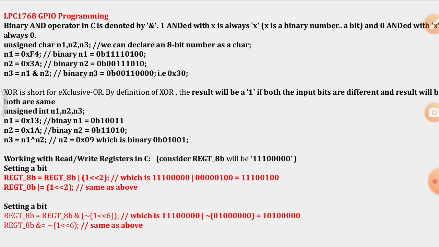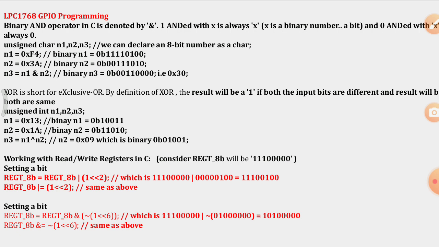Then, working with read and write registers in C language. So how to read a value and how to write a value into a register. Consider an 8-bit register having a value 11100000.